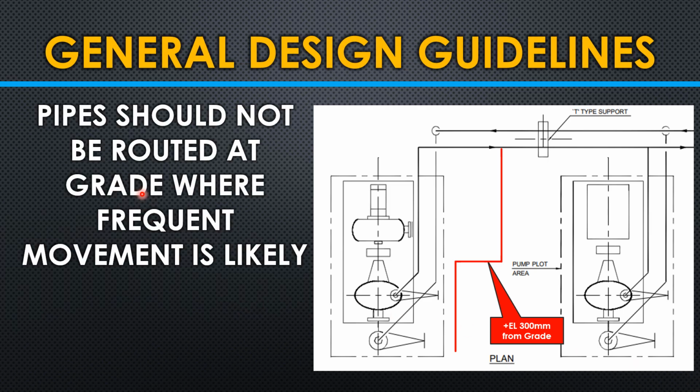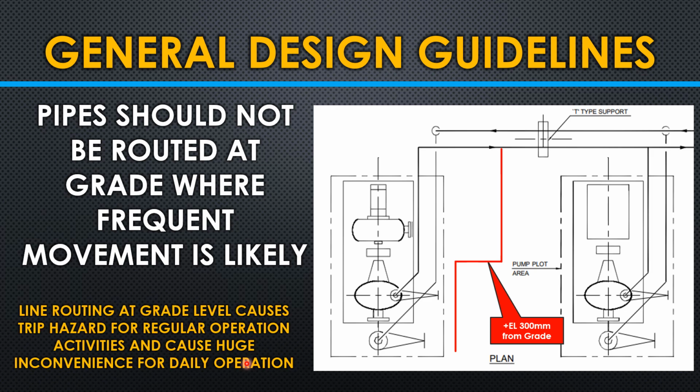Point 6 is about pipes should not be routed at grade level where frequent movement is likely. Say for example, you know that there are some particular locations in the plant where frequent visits, frequent maintenance and operation are required. But if you are going to lay any piping in that particular area, that will cause a lot of accidents, like a trip hazard basically.